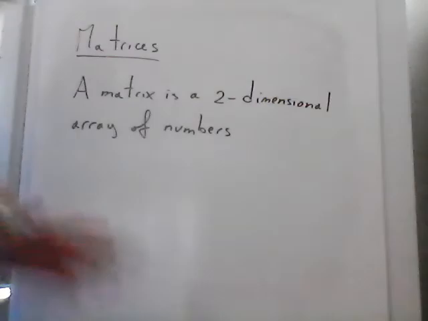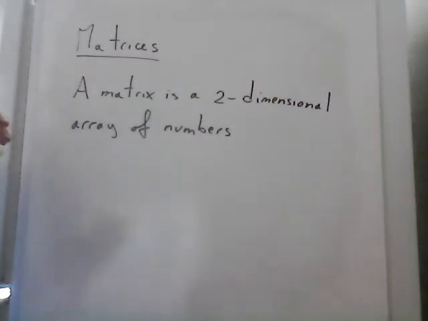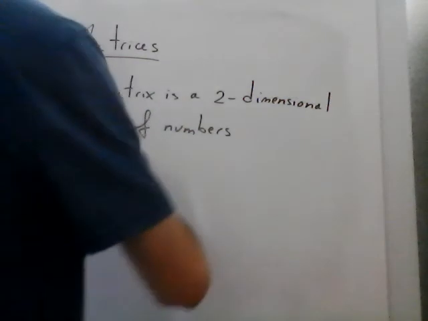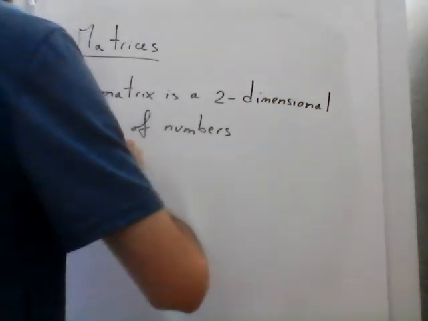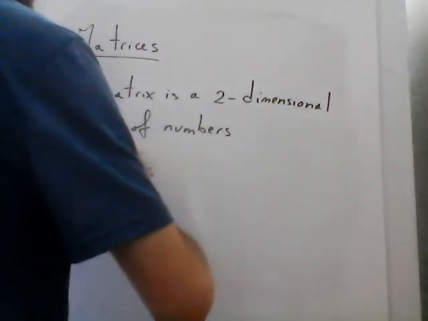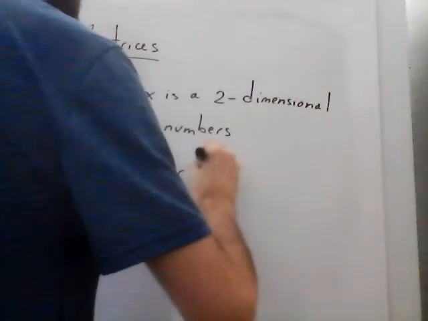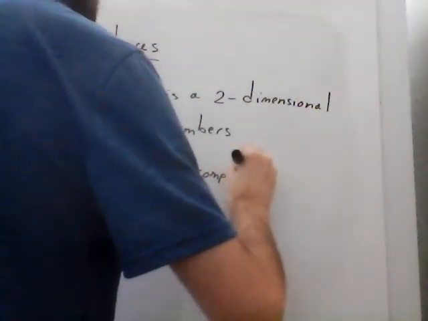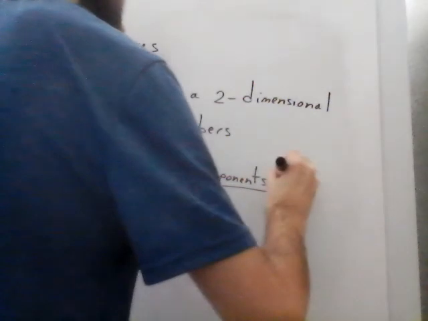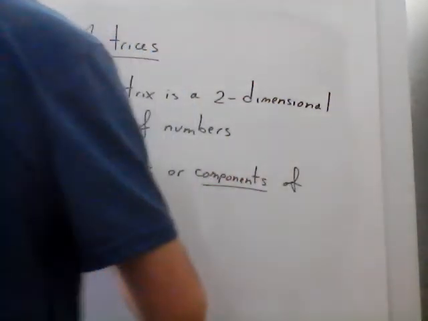So they are numbers that are arranged as a rectangle. And these numbers are called the entries or components of the matrix.